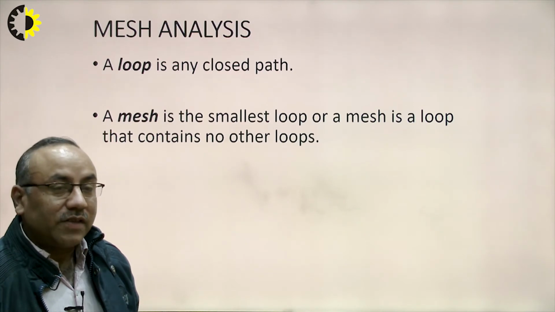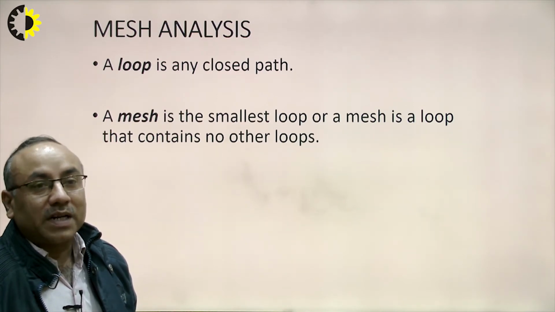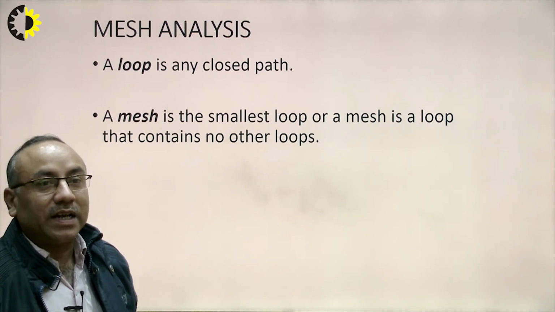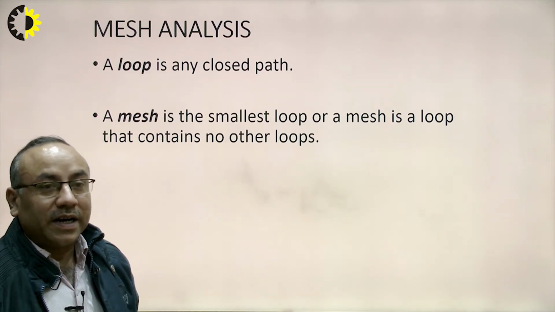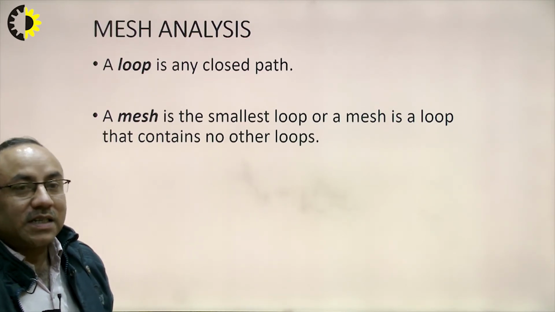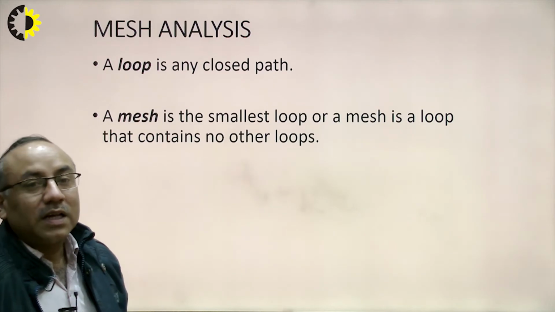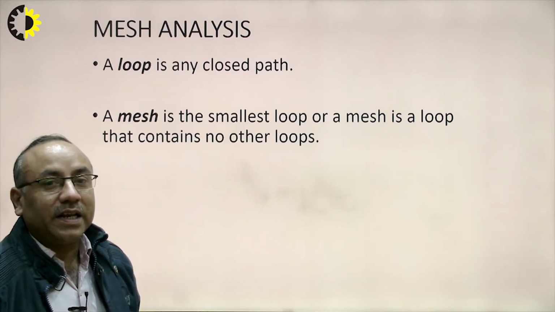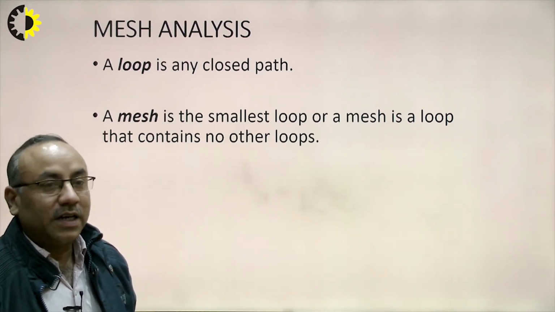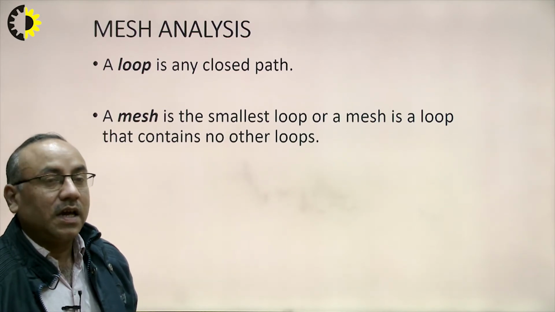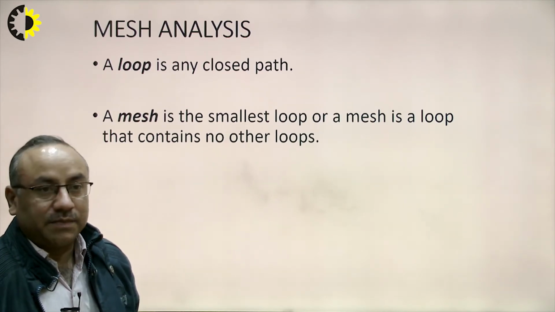A loop may be bigger than a mesh and may contain other closed paths inside it, but a mesh is itself the smallest closed path, so it will not contain any other closed path inside it. That makes the difference between a loop and a mesh.